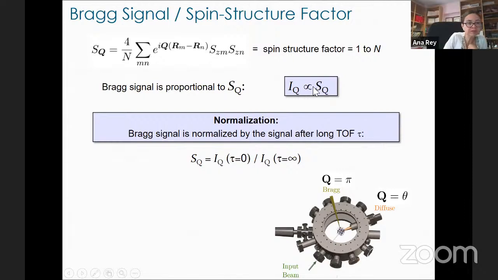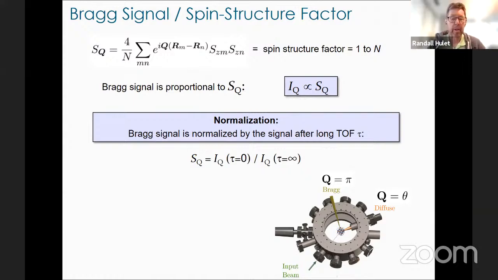There are more questions. How far do the atoms fall vertically during the time of flight, and would this affect normalization? Good question. The time of flight is of order 10 microseconds or so, and in that time the distance they fall is less than a lattice site. So that contributes to the time of flight.